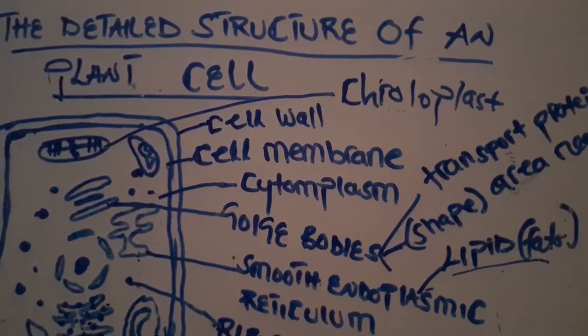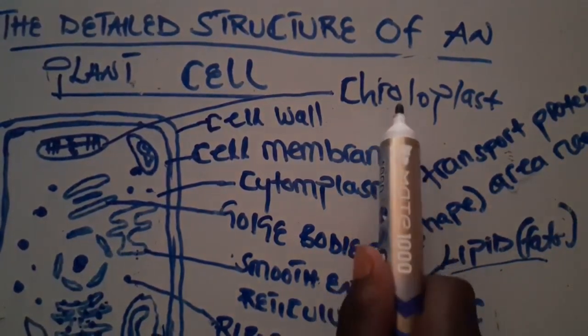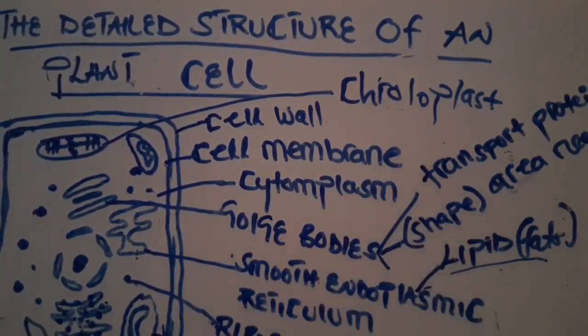The catalyst which is used is light, and this light is being trapped by chlorophyll, which is found inside a chloroplast. That is the function of a chloroplast.